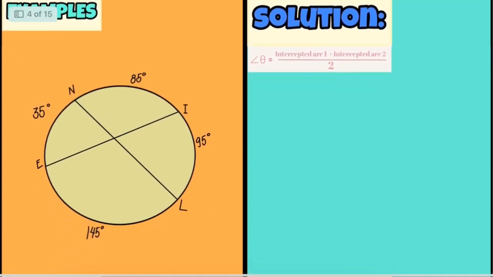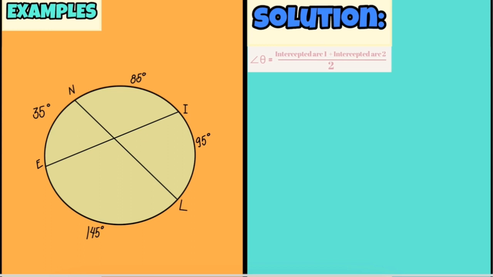So for example, we have here the given measurements: 35 degrees for arc NE, 85 degrees for arc NI, 95 degrees for arc IL, and 145 degrees for arc EL. One of the most important things that will help you out a lot in problems or exercises in terms of circles is, of course, remembering the concept and the measurement of entire circles.